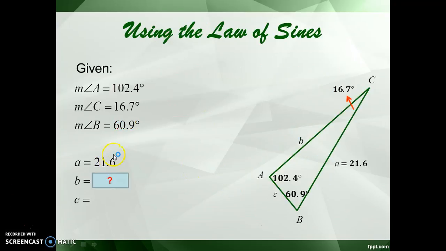Okay. How about the side b? How do we get the side b here? So we apply the law of sines.